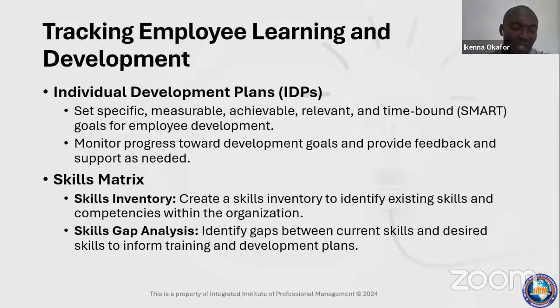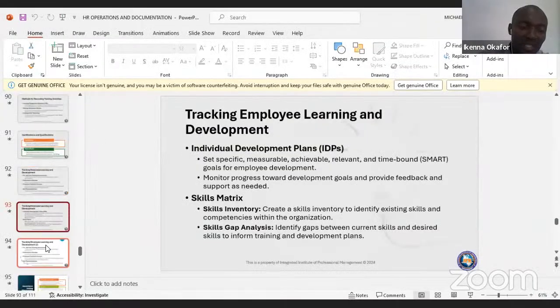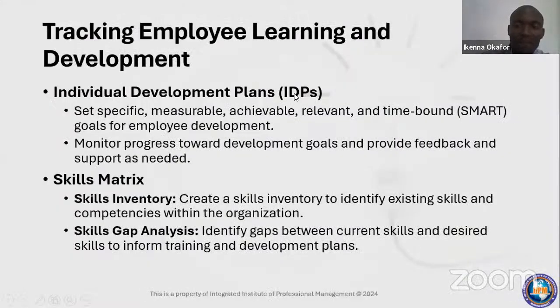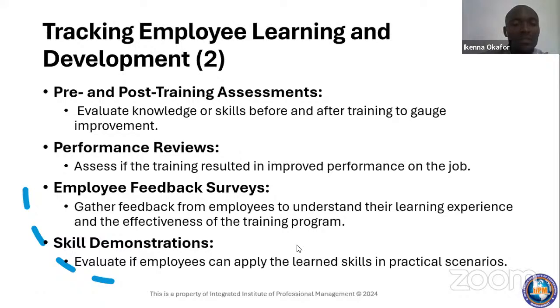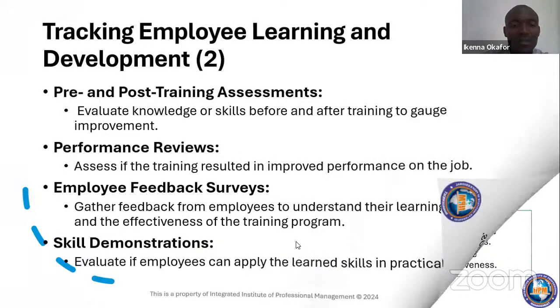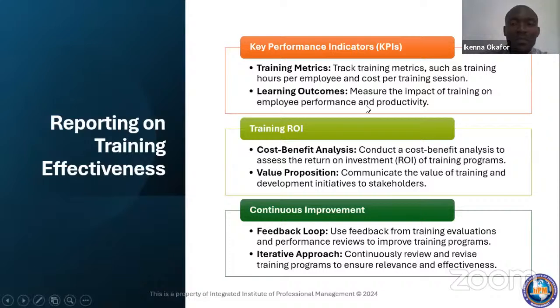It is done in a manner that a training wants to address a particular issue, and after that training, it is expected that that issue is well addressed. Okay, so key performance indicators.